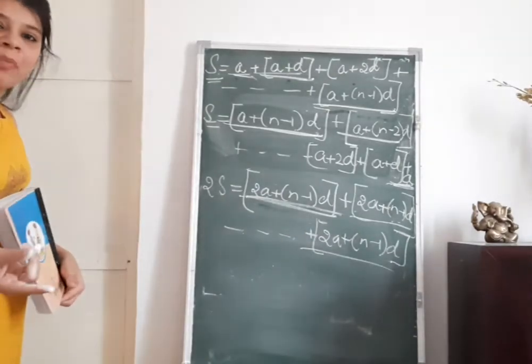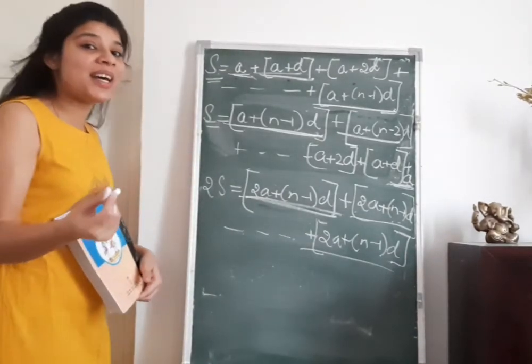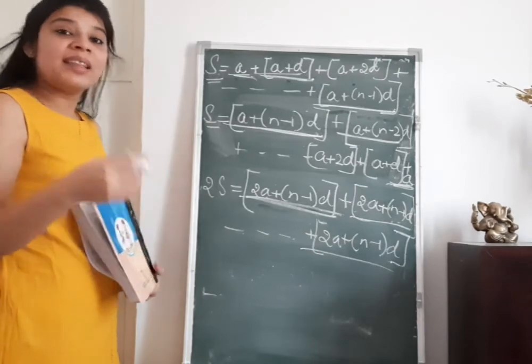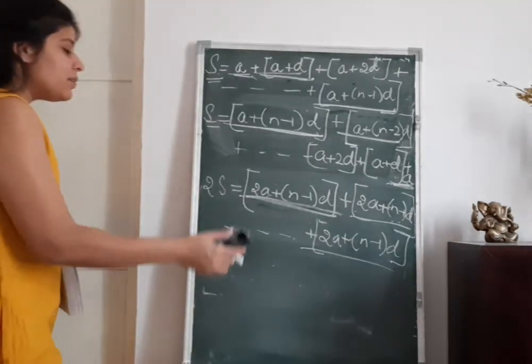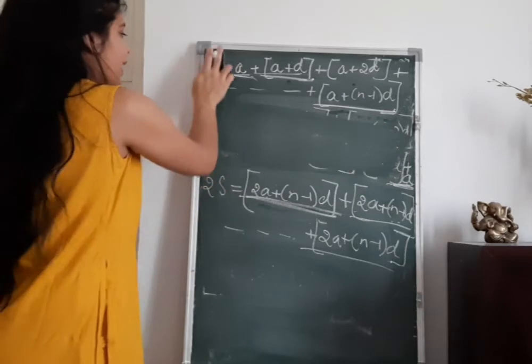For n number of times, because there are n terms in this arithmetic progression, right?